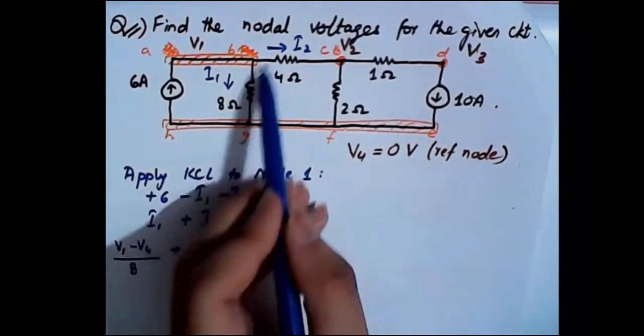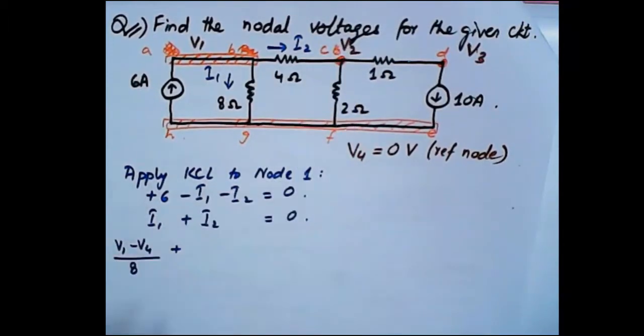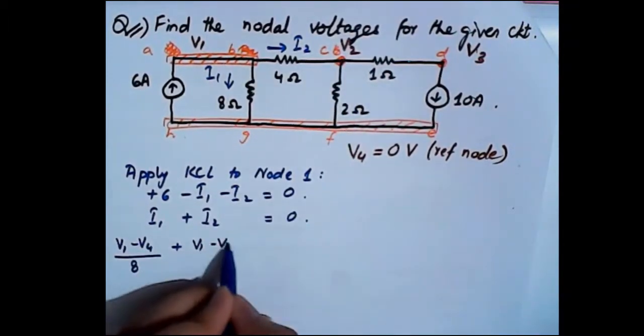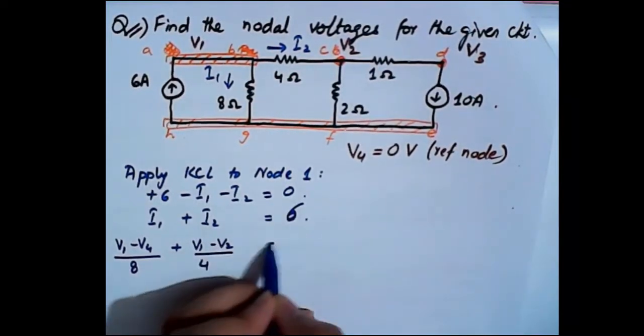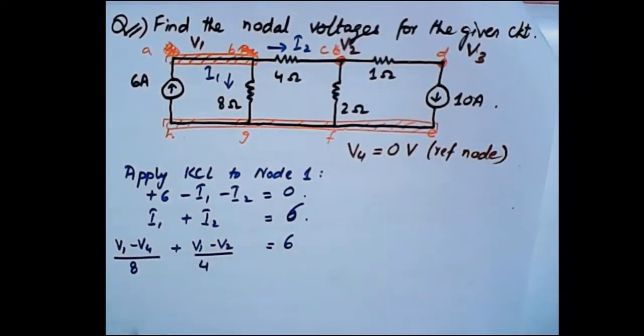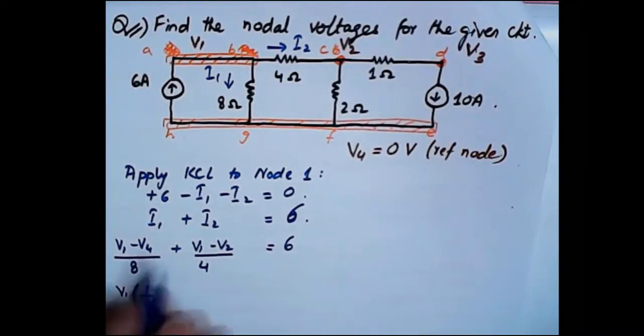I2 will be V1 minus V2 divided by the resistance, which is 4. Sorry, this is 6, right? And now you can separate out these values. V1 times 1 upon 8, V4 will be 0.